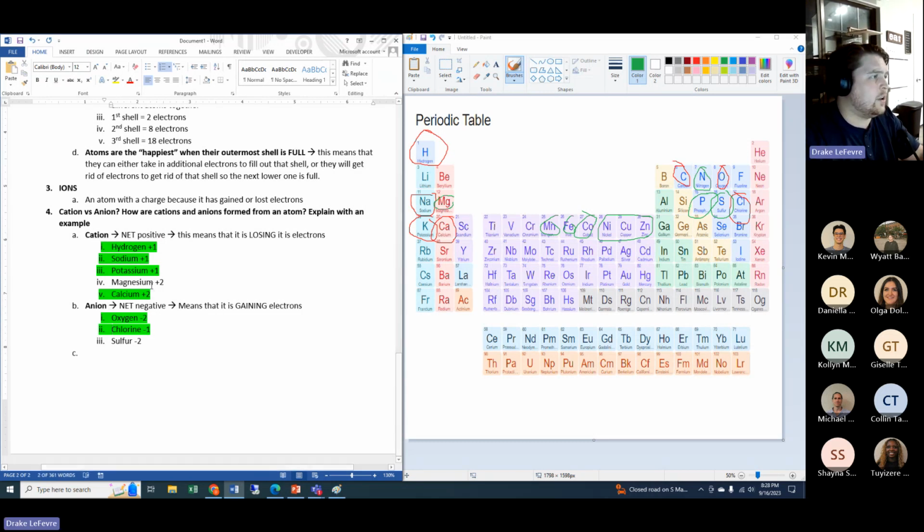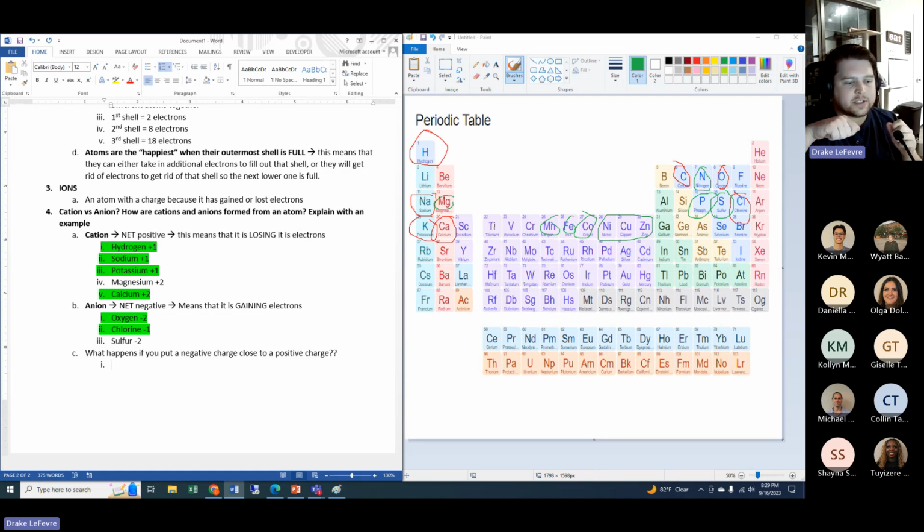And if we know anything about electrical charges, what happens if you put a negative charge close to a positive charge? Does it become neutral? It can become neutral, but why does it become neutral overall? Because negatives and positives balance out. If you think about magnets, a magnet has a positive side and a negative side.